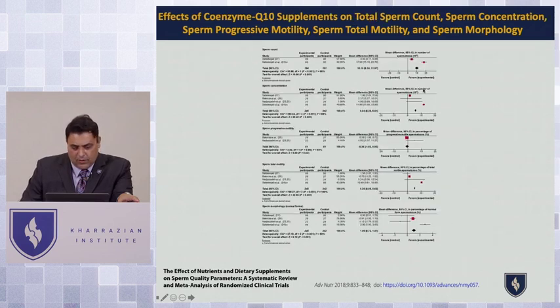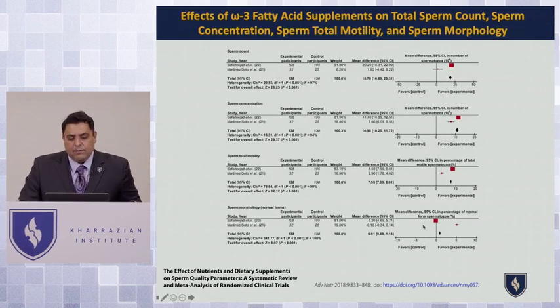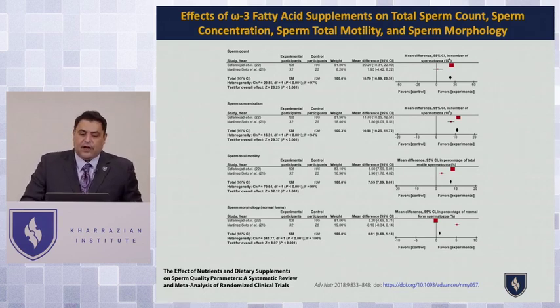CoQ10, again, seems to have impacts across the board on sperm count, and we can also see some changes in concentration and motility. So each of these nutrients seems to have an impact. The most significant impact of nutrients published in these trials was, without question, omega-3 fatty acids, fish oils.